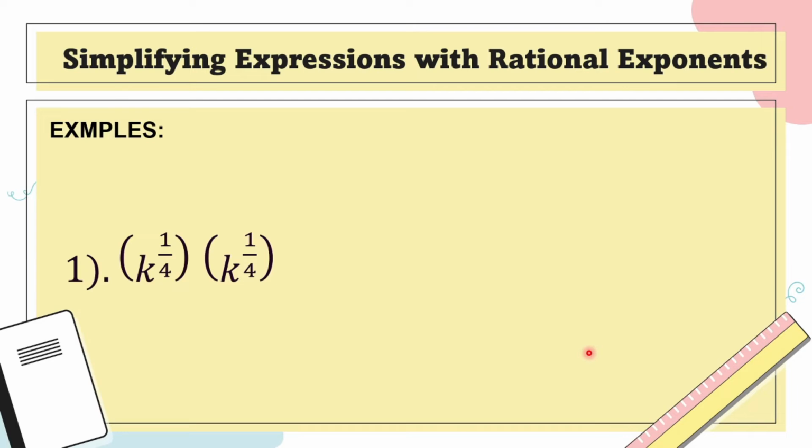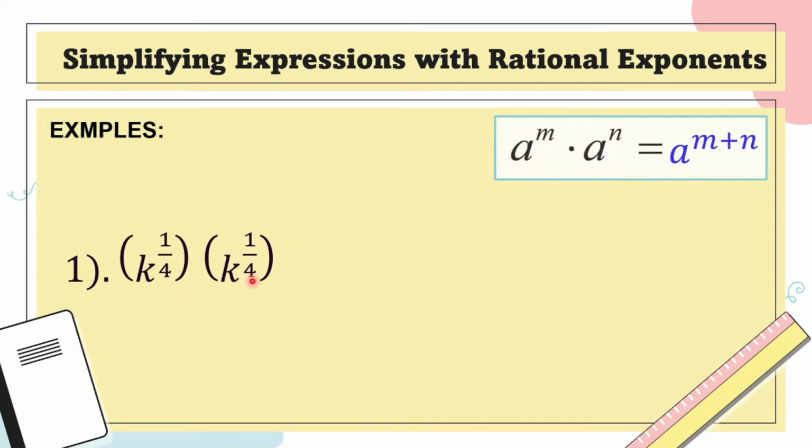Okay, so first example, we have k raised to 1/4 multiplied by k raised to 1/4. Okay, so let's recall the laws of exponent, which is kapag nag-multiply tayo ng same base, ang mangyayari sa exponents is we're going to add. Kukunin natin yung sum nila.